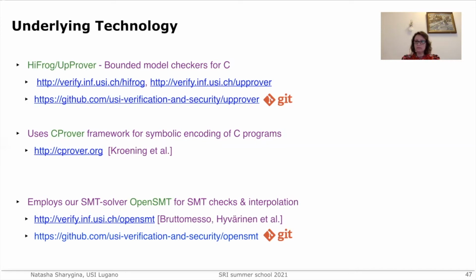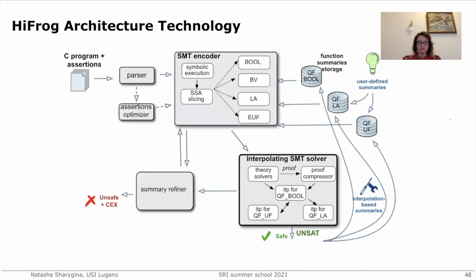We are using it as the initial step before we start implementing function summarization on top of it. And since our framework is an SMT-based approach, both for BMC checks and for the computation of function summaries it is using an SMT solver, our SMT solver OpenSMT, which is also available at the following website for your experimentation.